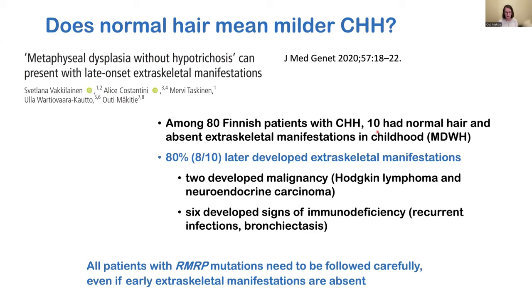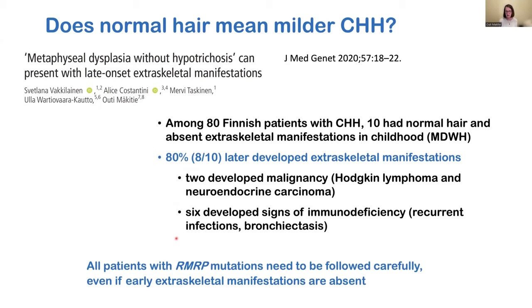So what happened with these 10 patients? Eight of them later, in adulthood, developed extraskeletal manifestations, and 2 of them developed malignancy, 1 Hodgkin lymphoma and 1 neuroendocrine carcinoma, and then 6 others developed signs of immune deficiency with recurrent infections and bronchiectasis.